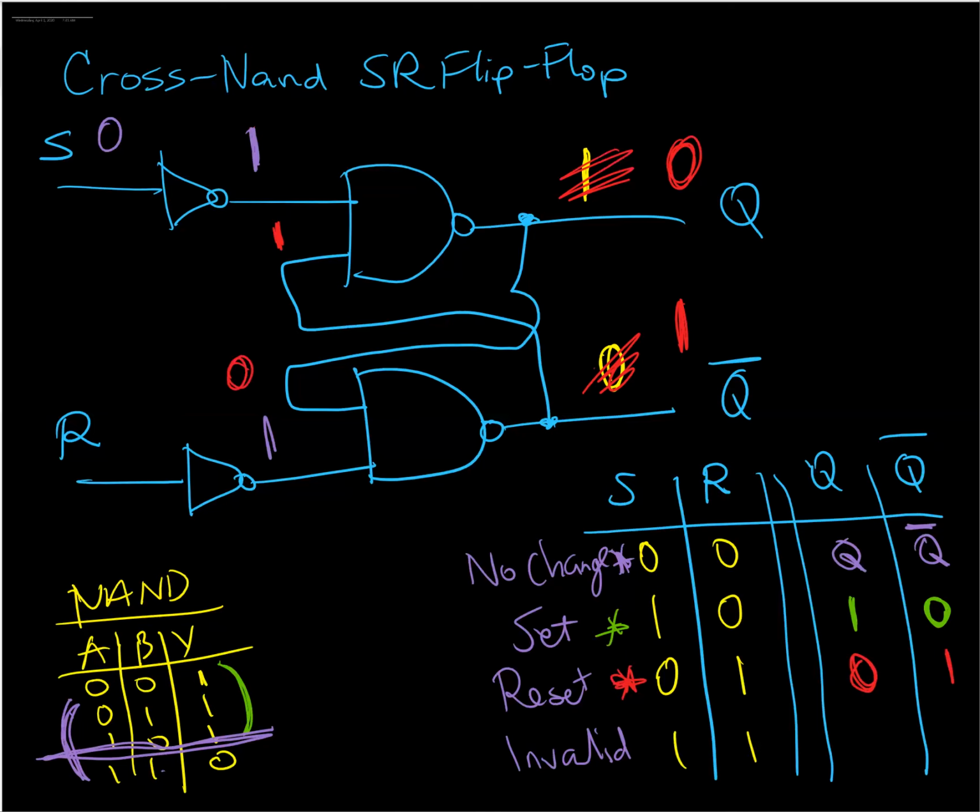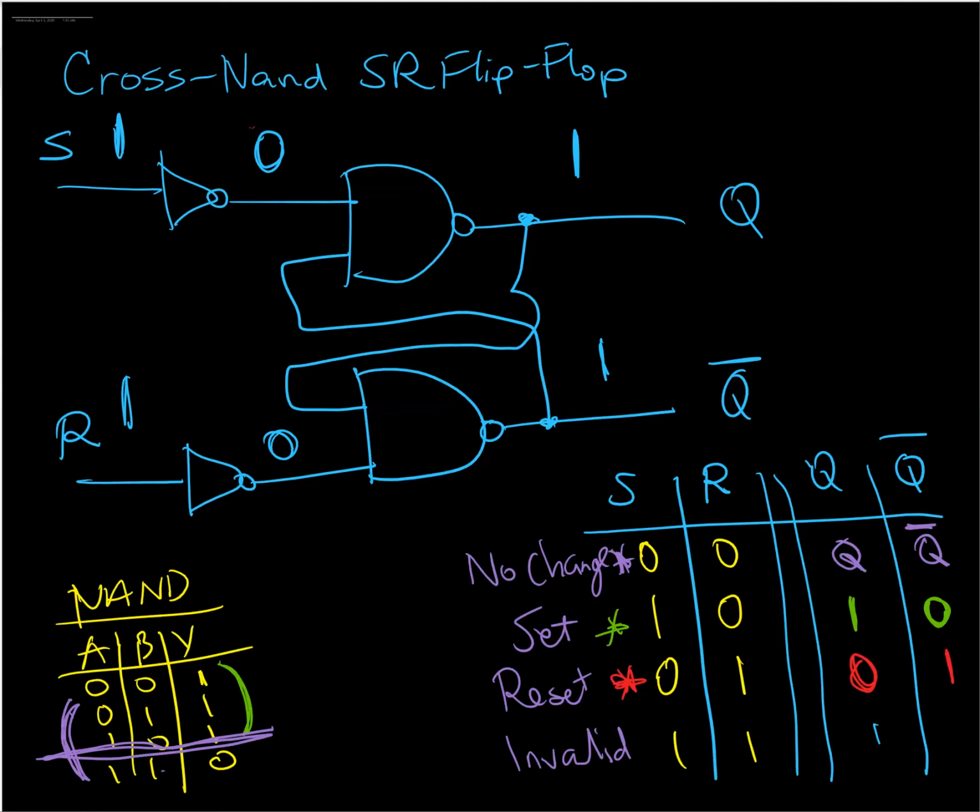Okay, so we've got that last condition to look at, where S and R are both 1, that invalid state. So let's take a look at that. If they're both 1, on the other side of the inverters, that's a 0. Now, any input being 0 to a NAND gate is actually going to cause a 1 on the output.